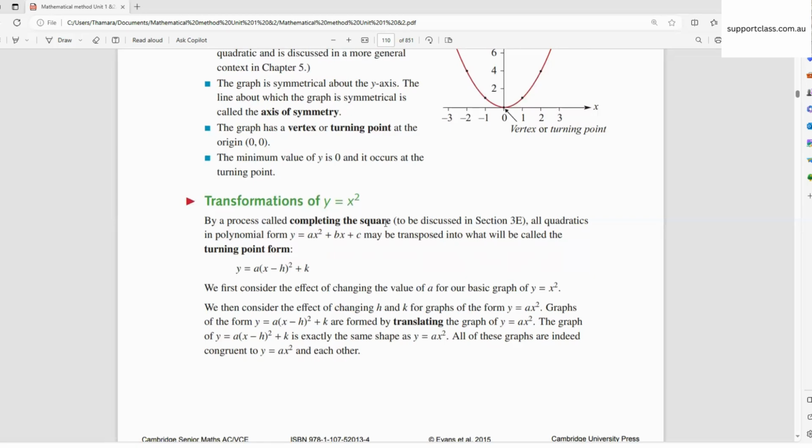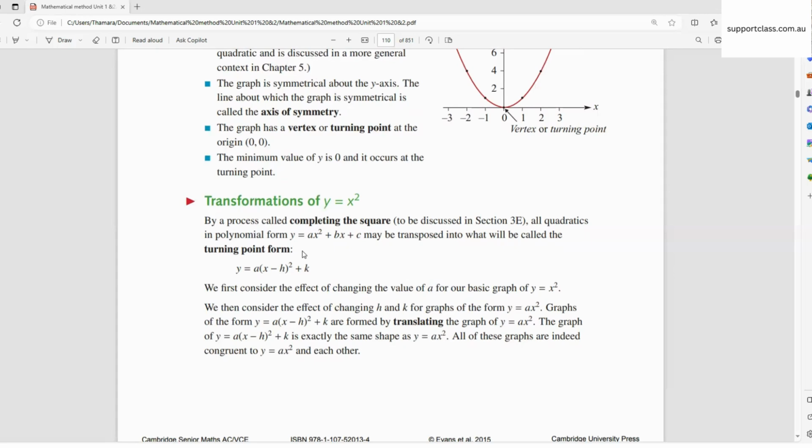The book says completing the square is the method, right? Using the polynomial form of a graph, which is ax squared plus bx plus c, it can be converted into turning point form.